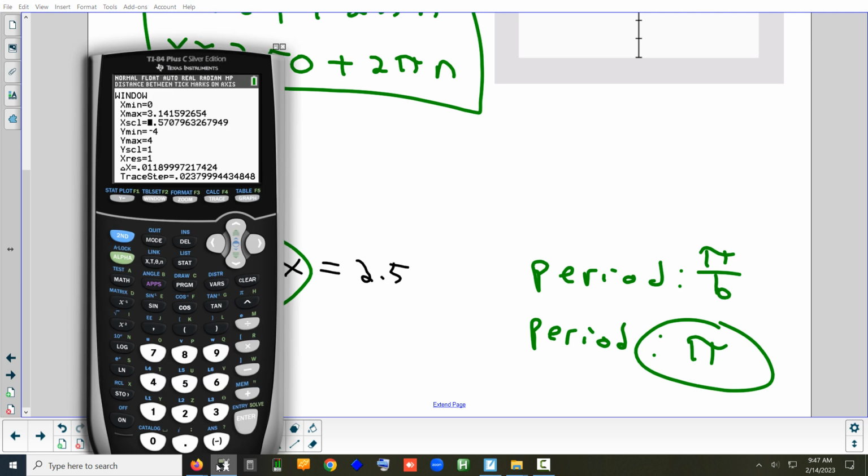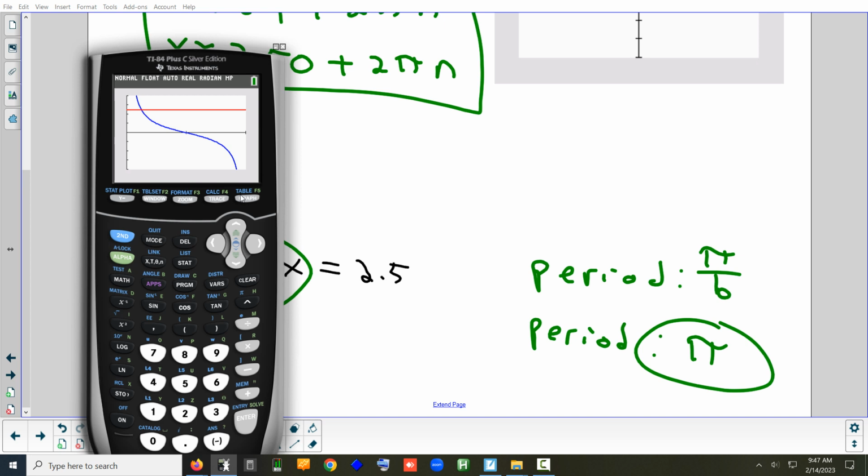Even if it was sine and cosine, you really could leave it -4 to 4. But the important thing is, if you want to try to not get as confused about where the intersection is on the screen, set your window to 1 cycle. So 0 to pi. That's exactly 1 cycle of cotangent. And that would repeat over and over. How many answers do we get to this problem per cycle?